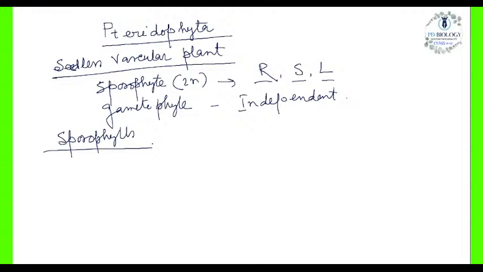The life cycle of the pteridophyte shows alternation of generation between sporophyte and gametophyte.